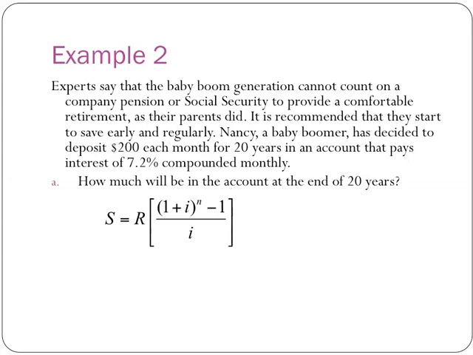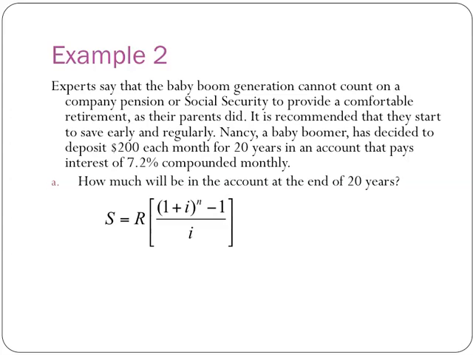Now, since you're asked how much will be in the account at the end of 20 years, you're actually finding the future value. So we'll use the first formula. We can see here that she is depositing $200 each month, so that's the periodic payment, R, each month for 20 years, into an account that pays interest of 7.2% compounded monthly.